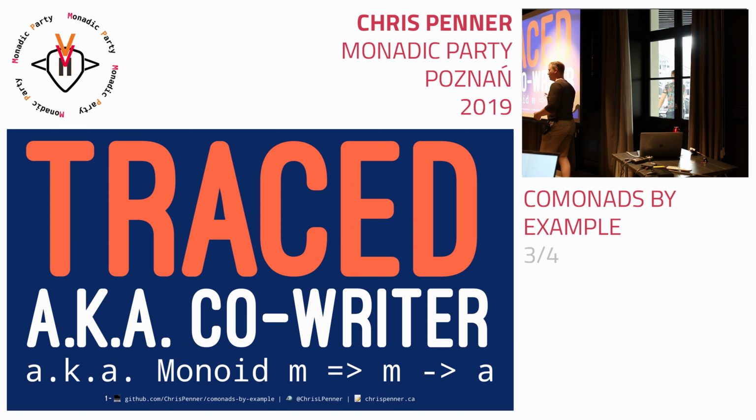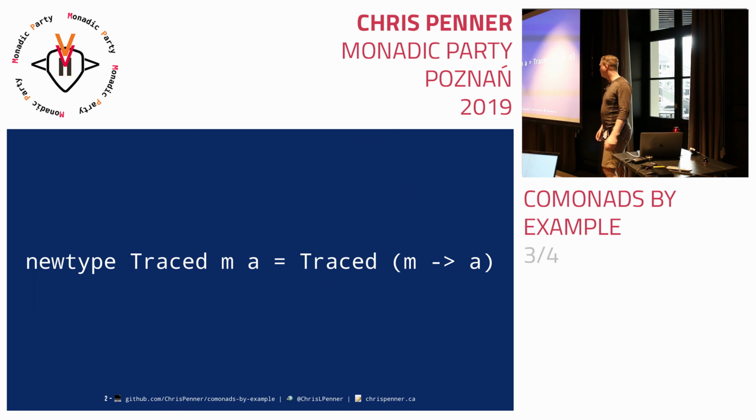Now, if this was just some arbitrary argument, where are we going to get that from, right? We can't just make up some arbitrary argument. But if we have a monoid, we have a way to pull one out of thin air and say, well, we're going to use mempty, the identity element, and we can pass that in at any time. And so if you just want to get the result, we can force this function to run by giving it the empty value.